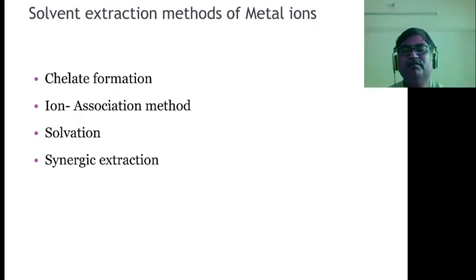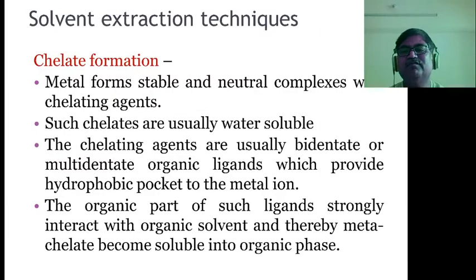Now one by one we are going to see them in detail. The first method, or technique, is chelate formation. Now what is a chelate? Chelates are specific types of reagents which have a tendency to form coordinate bonding with metal ions, similar to a ligand.